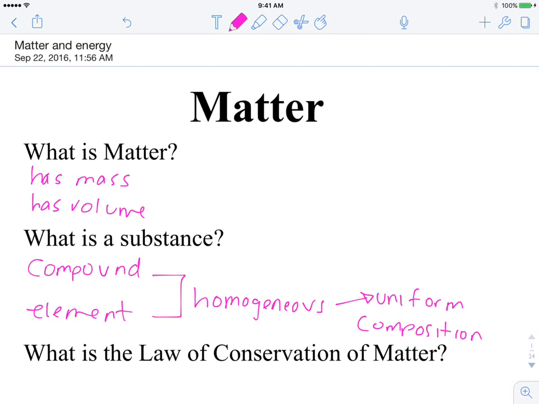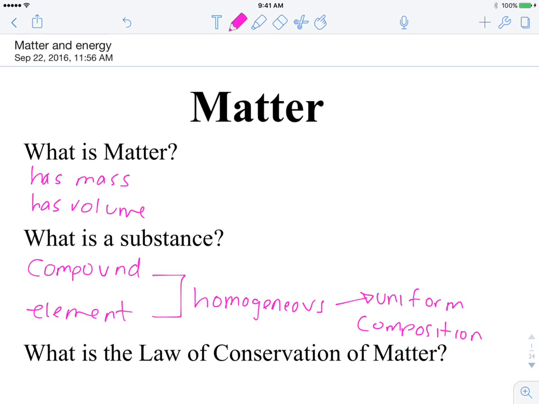So when I look at a substance, like an element or a compound, it should look the same throughout the entire sample. There shouldn't be differences. There shouldn't be certain areas of it that have a certain texture or a certain look to it and other areas that don't.